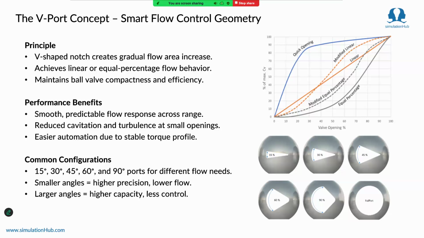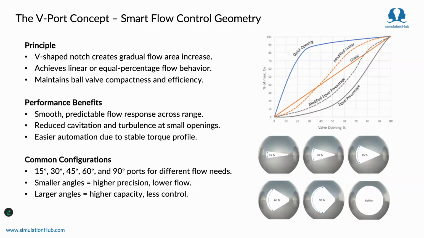You can have a different design to suit your performance characteristics, such as equal percentage, or maybe you want it to be more linear, or modified linear. Playing with these notches and the designs can help you achieve the goal while reducing the pressure losses.